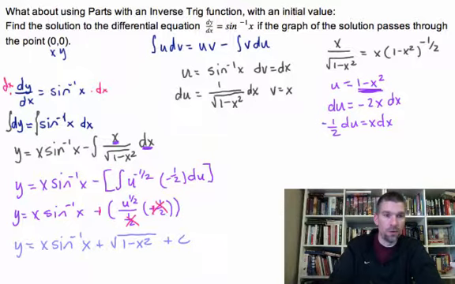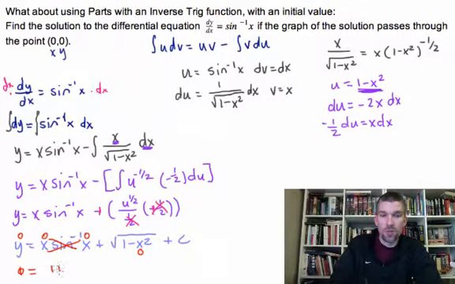Well, what do we do? We simply take 0 and put it in for y, and 0 and put it in for x. Okay? And what happens is when you do this, 0 times anything is 0. So I end up with 0 equals 1 minus 0 squared.